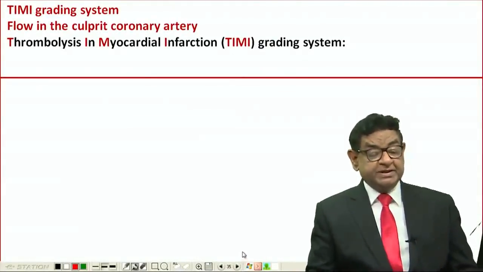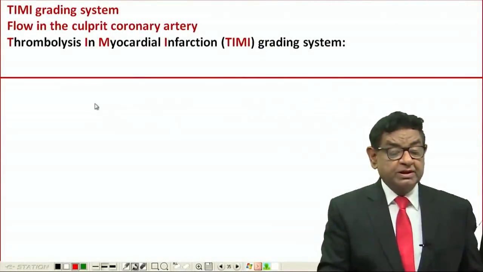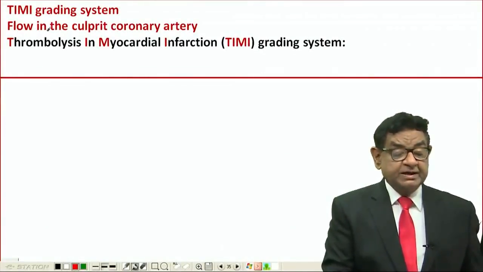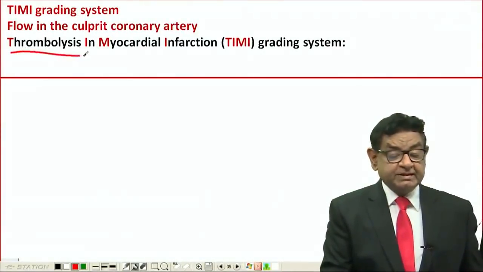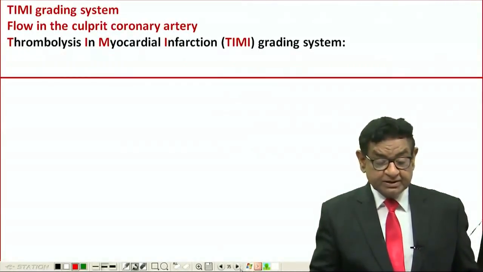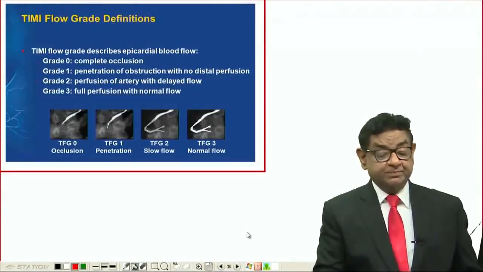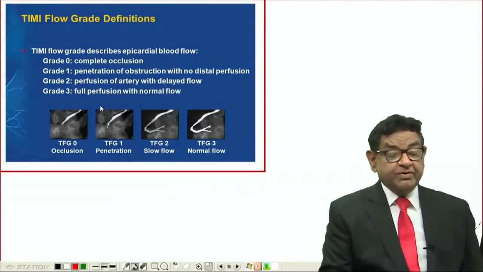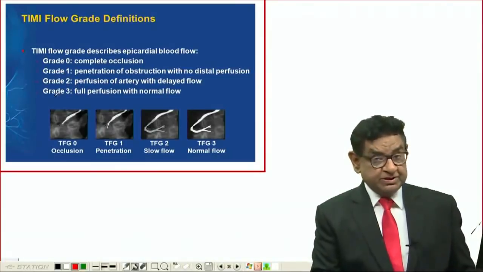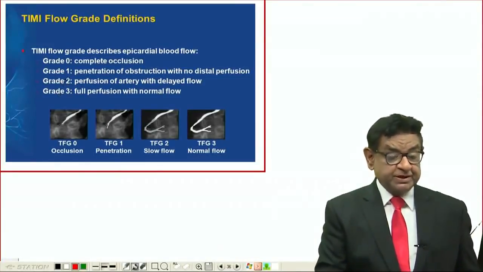Now, one very interesting thing, we have a TIMI grading score. It indicates the flow in the culprit vessel. TIMI stands for thrombolysis in myocardial infarction grading system. Now, what is this? Look, first of all, grading is from 0 to 3. Please note, this is from 0, it's not from 1 to 3.